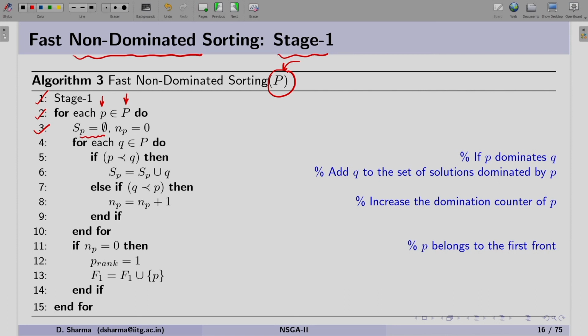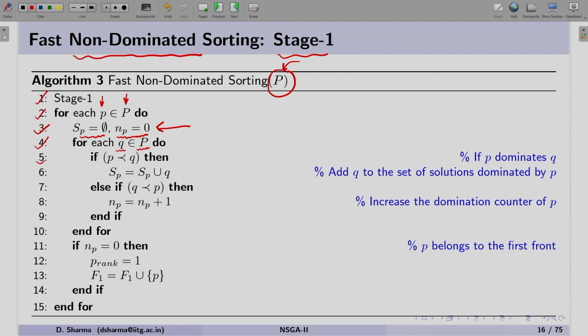This Sp is currently empty in step 3, and there is a number np which is also currently 0. We will see the significance of these 2 parameters that we are going to use here. Now we will take another solution. If we look at step number 4, we are going to take another solution q, which is also a part of the same population.